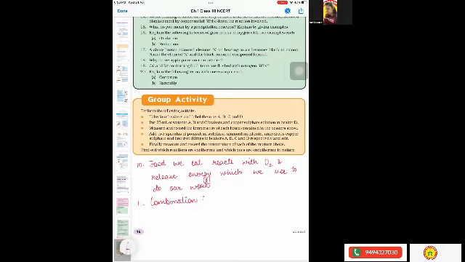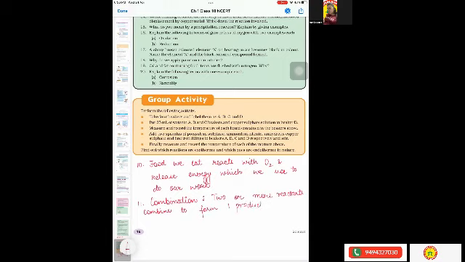In case of combination, two or more reactants combine to form one product.